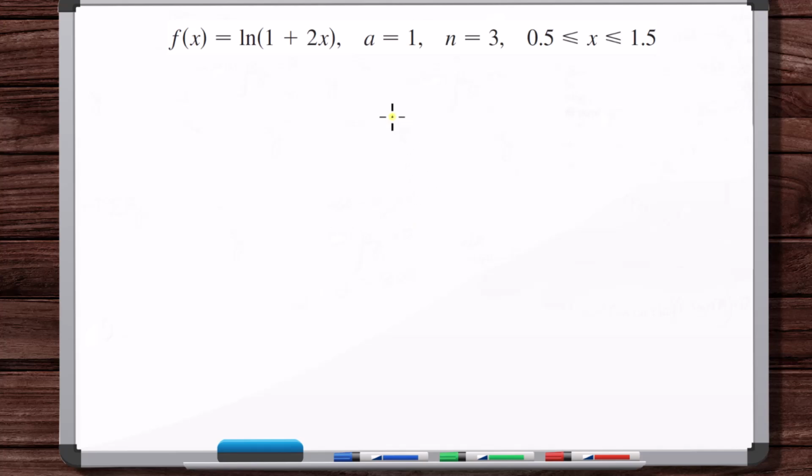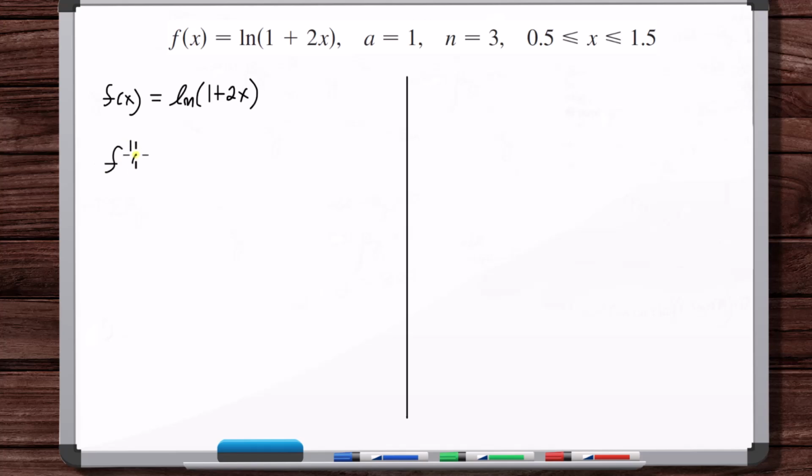All right, so to start, we go through the same process that we would do if we were building the actual Taylor series. To do that, we make 2 columns, and in the left column, we're going to put the function and its derivatives. So the function is natural log of 1 plus 2x. The first derivative is 1 over 1 plus 2x, and then times 2, so 2 over 1 plus 2x.